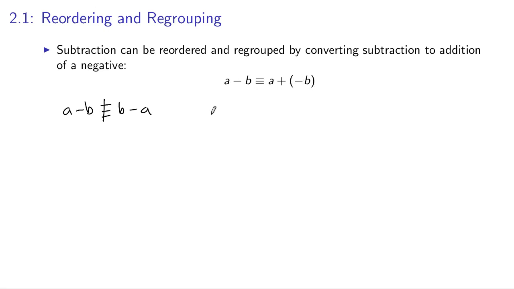And by the reordering of addition, also, this is equivalent to negative b plus a. So while we cannot reorder subtraction, we can turn subtraction into addition by adding the negative, and then we can reorder or regroup the resulting addition.